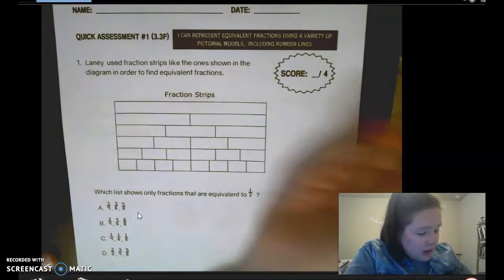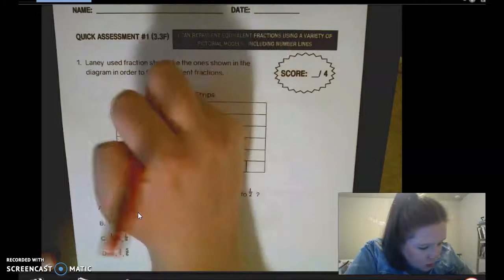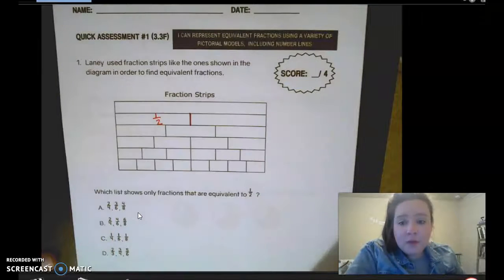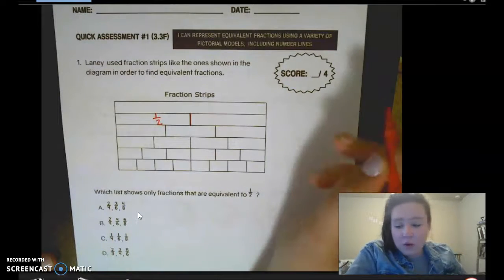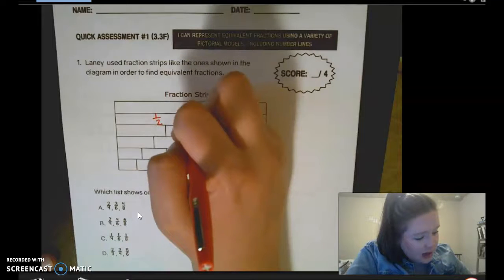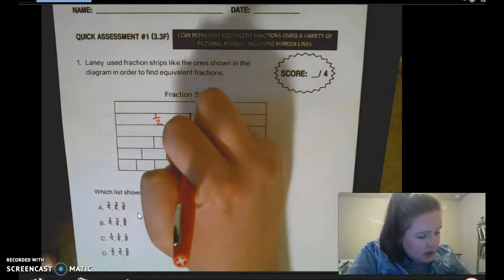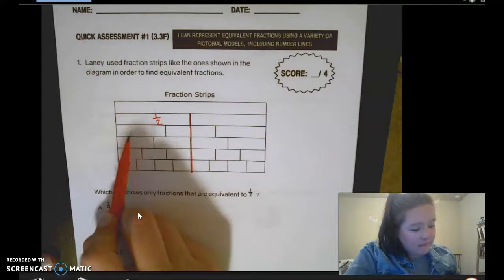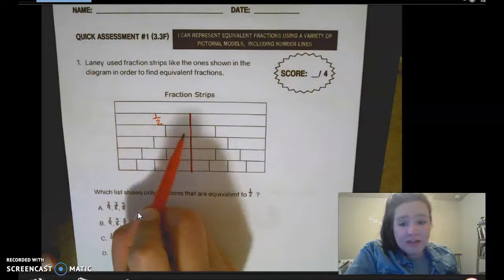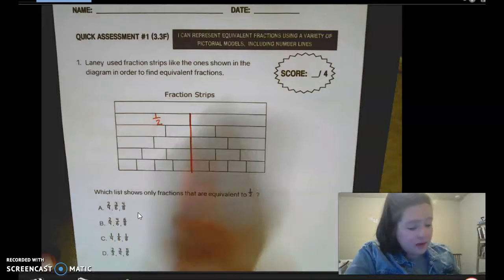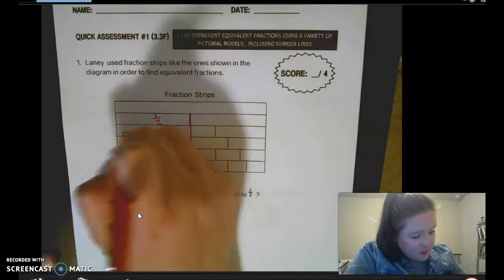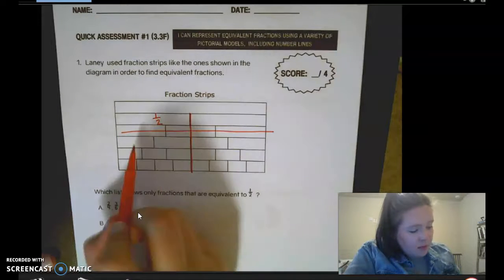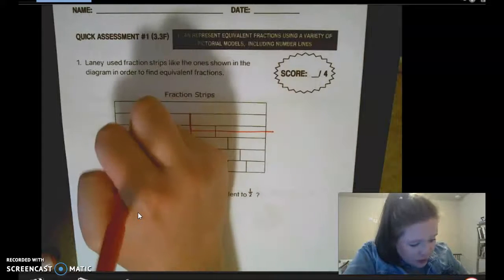Well, here is 1/2. All right, that is 1/2. If you want to find fractions that are equivalent to 1/2, you could just go straight down. Okay? This is not going to be equivalent to 1/2. But this is 1/4.